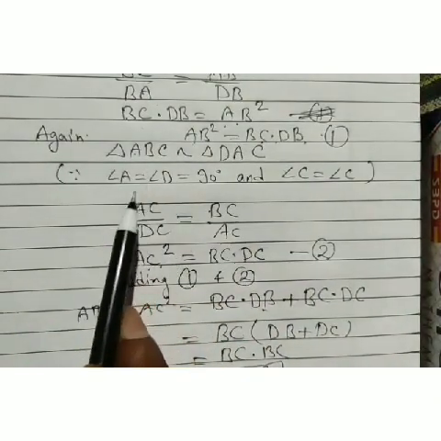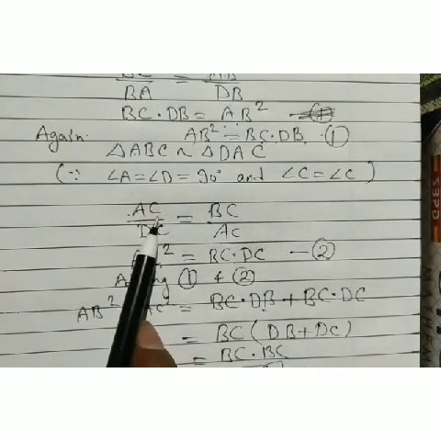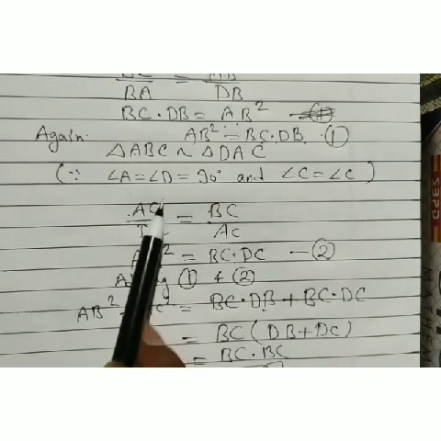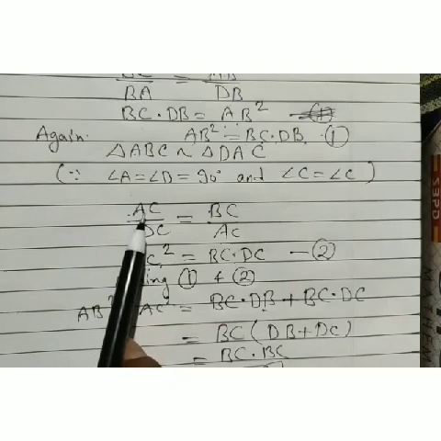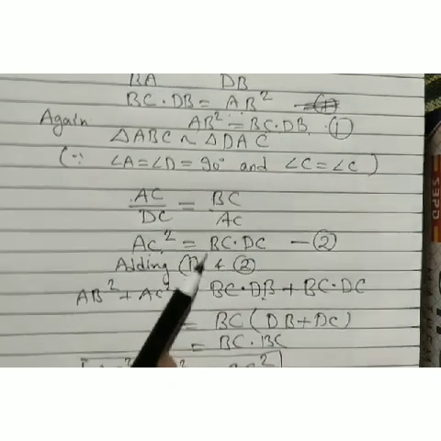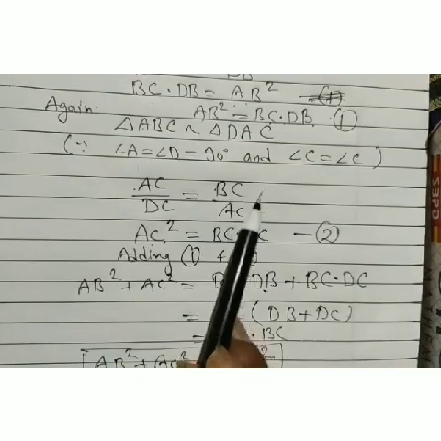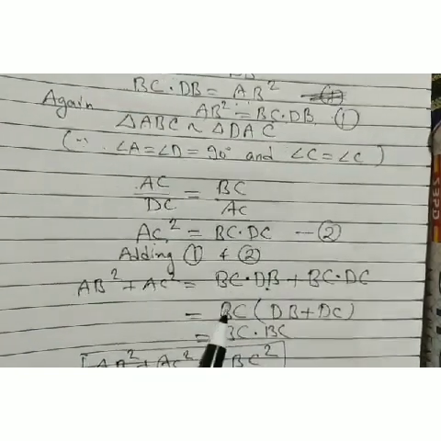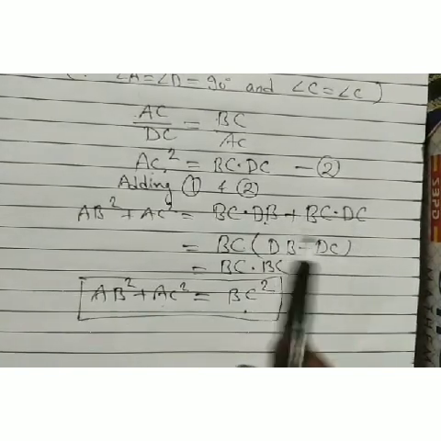Again we have angle A equal to angle D, 90 degrees, and angle C equal to angle C, common there. Since the triangles are similar, their corresponding sides are in the same proportion. Now after cross multiplication, we have AC square equal to BC into DC. Then adding equations 1 and 2, we get AB square plus AC square equal to BC into DB plus BC into DC. Take out BC common there.